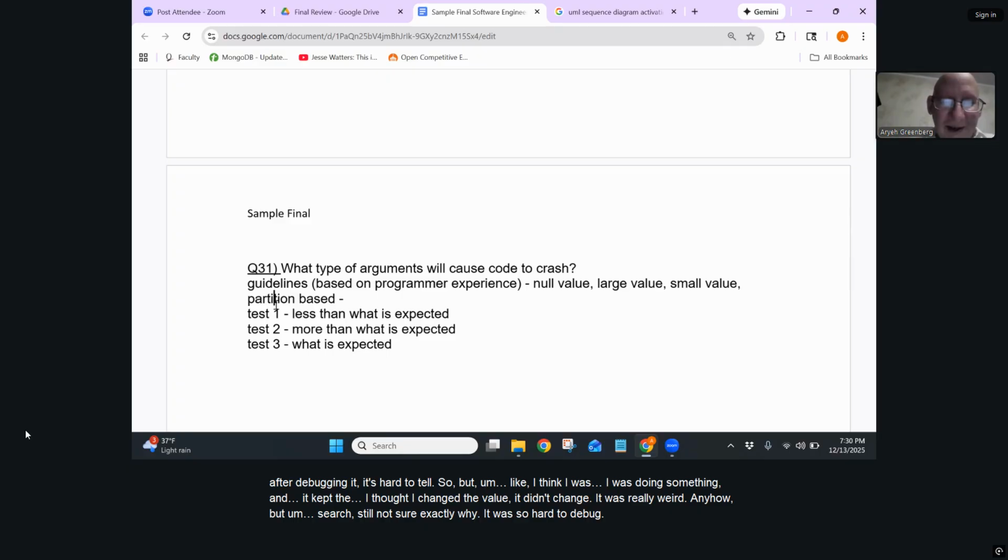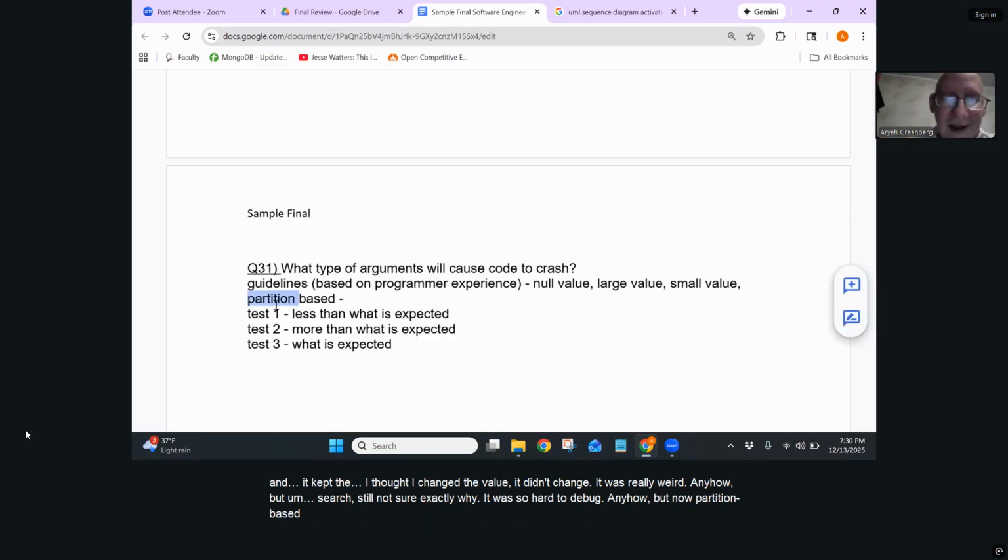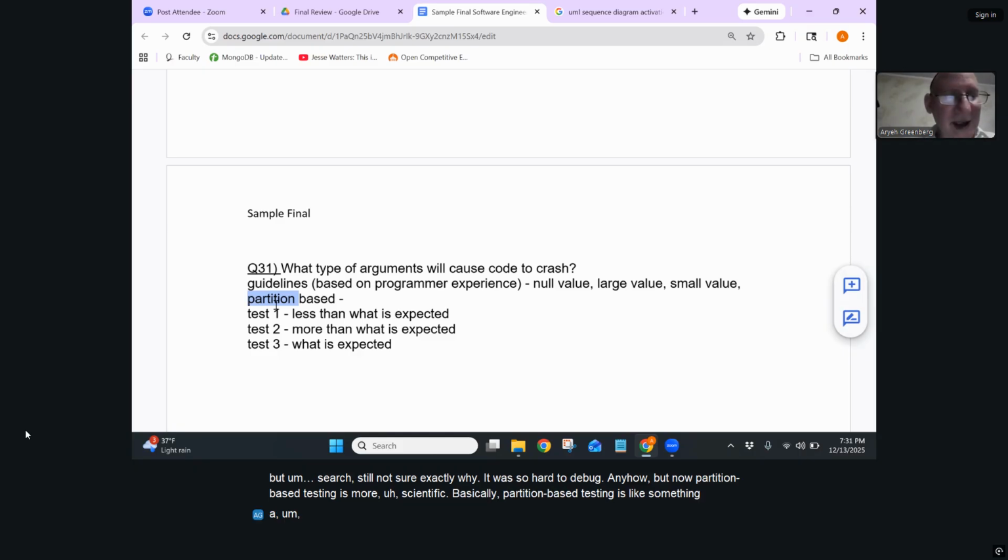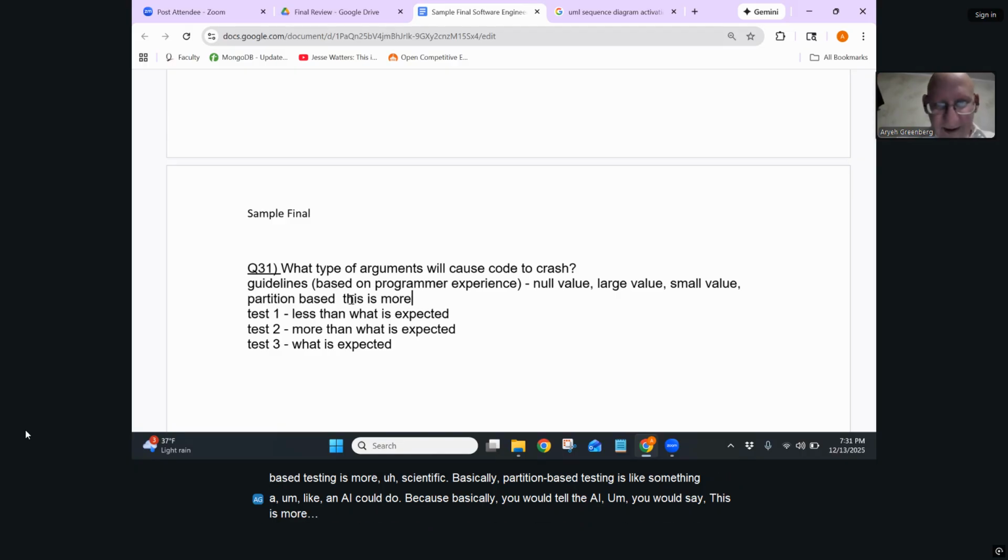Anyhow, partition-based testing is more scientific. Basically, partition-based testing is something like an AI could do, because this is easily automated.